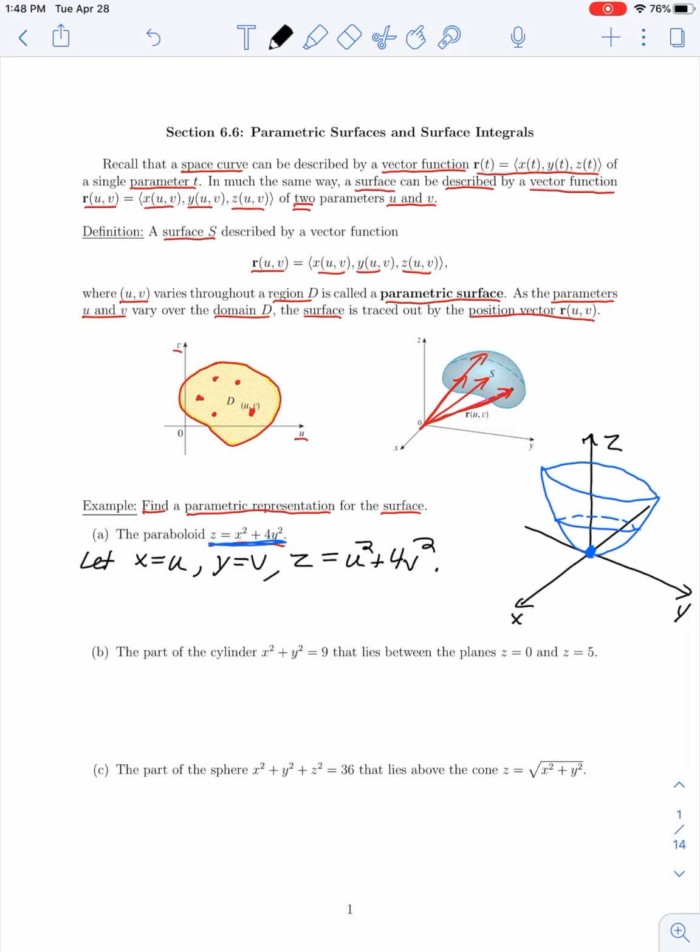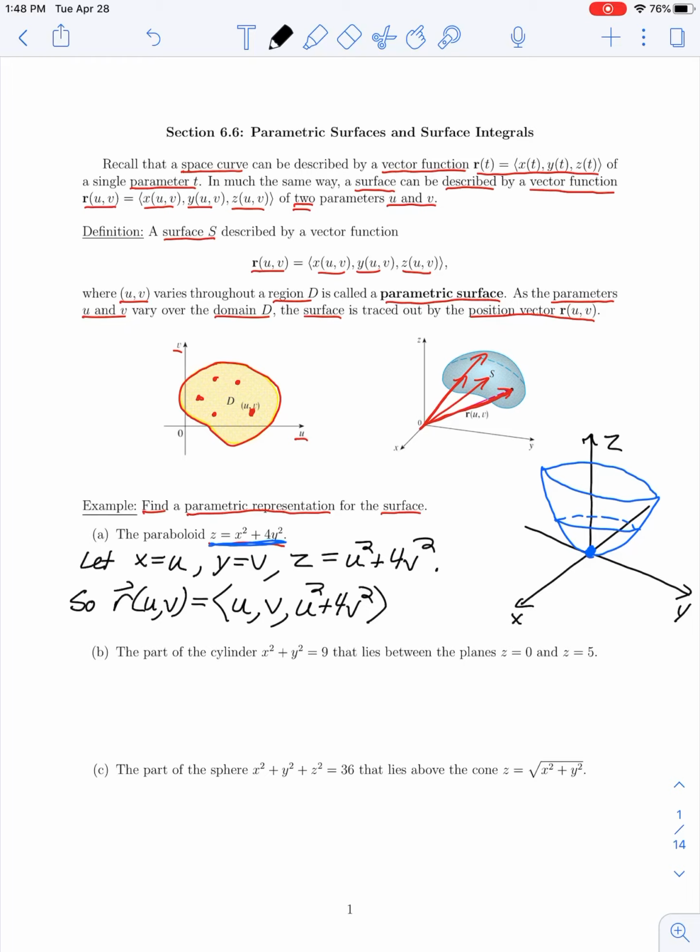So a parametric representation for this surface would be given by the vector function r of uv, which is equal to the vector whose component functions are: our x equation was u, y was equal to v, and z was given by u squared plus 4v squared. And in a lot of these problems, we need to specify what the parameter domain is.